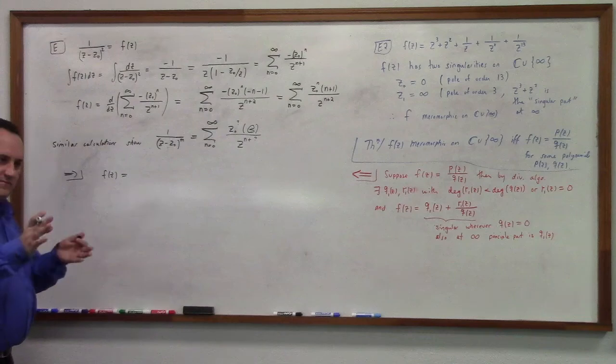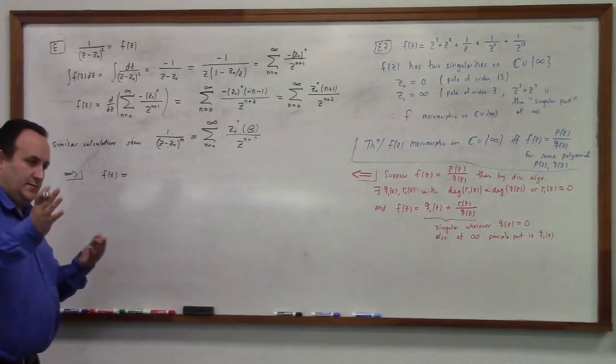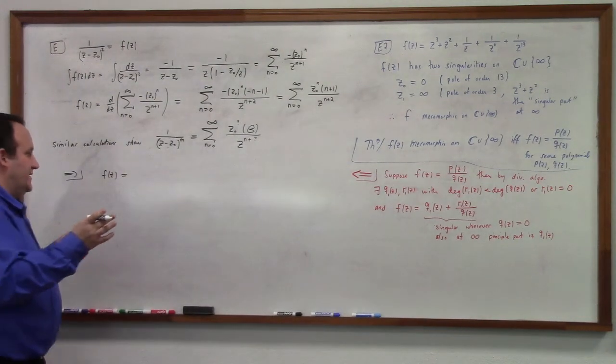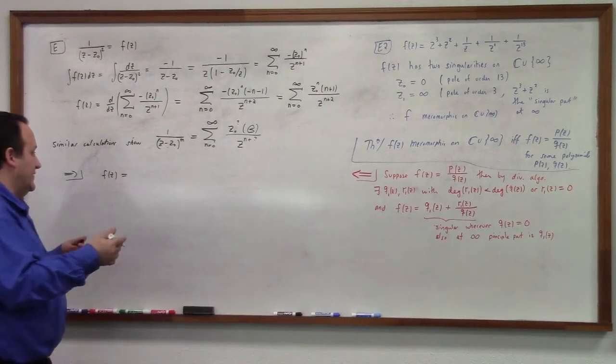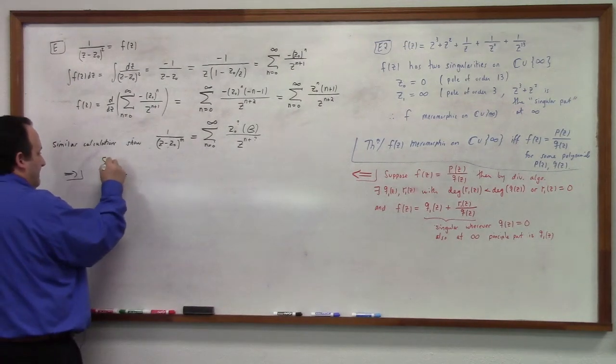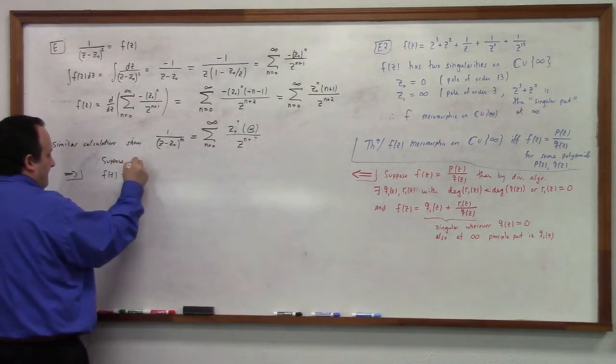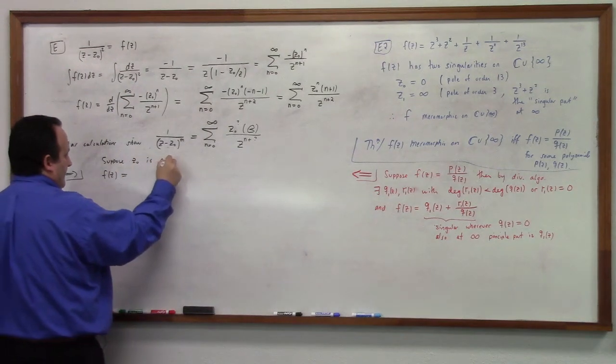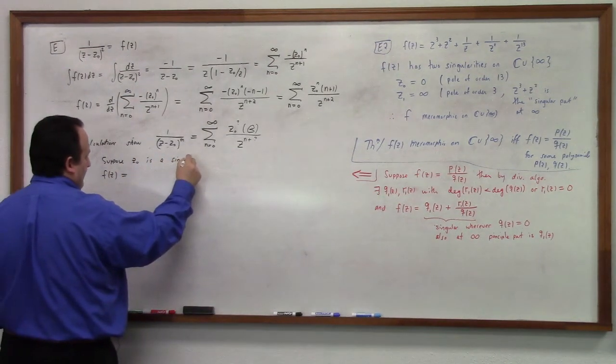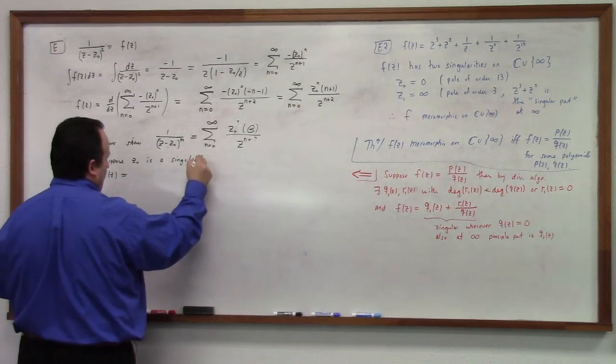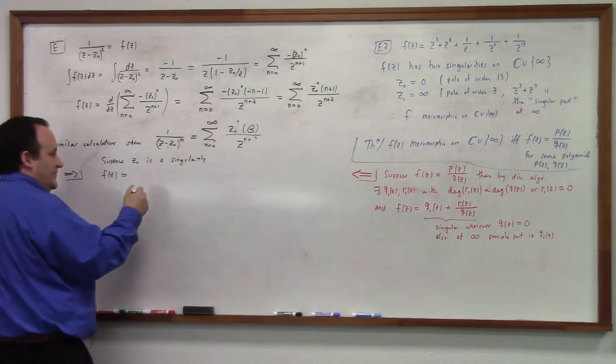If it's meromorphic, that means that if you pick z naught, suppose z naught is one of its singularities, all right?